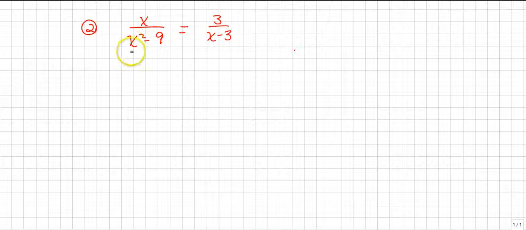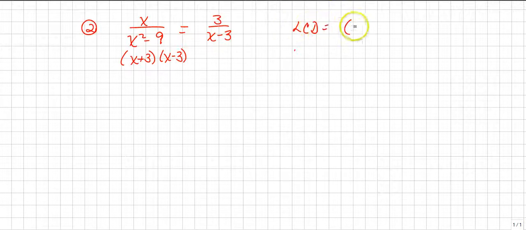In order to find that, first we'll factor the fraction on the left, which is x plus 3 and x minus 3. So we see that the common denominator is both of those factors. LCD equals x minus 3 times x plus 3. So I'm going to multiply both sides by that common denominator. So I'm going to put it next to each one.